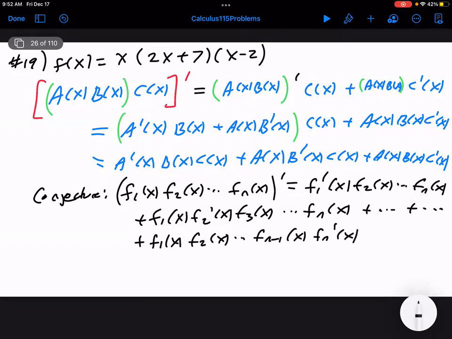So this is the generalization of the product rule. So if you have n functions multiplied together, the product rule will have n terms. And what you'll do is in each term, you have exactly one of the functions having its derivative.